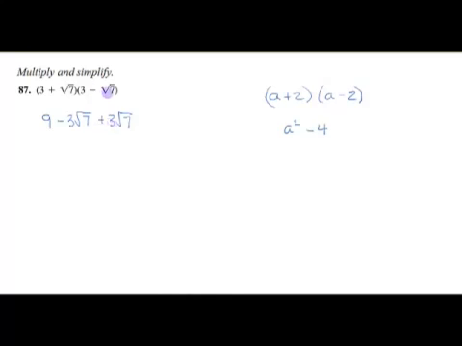And square root of 7 times a negative square root of 7 is negative square root of 7 squared. Now we can see that the middle drops out, and I have just a 9 minus the square root of 7 squared, which is simply 7, and 9 minus 7 is 2. Kind of a neat problem where we're multiplying two numbers with radicals and we get something that is not a radical.